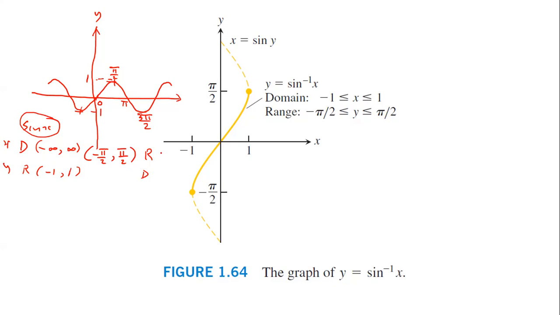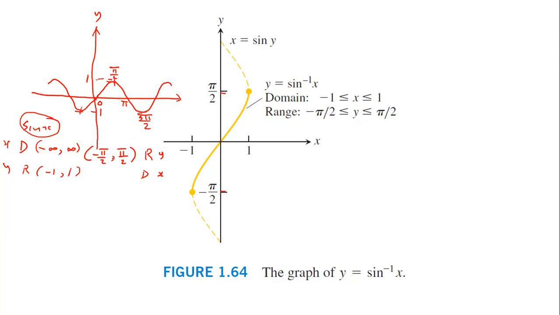I have to make this one y, make this one x. Reverse them. So if I made the domain from negative pi over 2 to positive pi over 2 into the range, then you can see from negative pi over 2 to positive pi over 2.